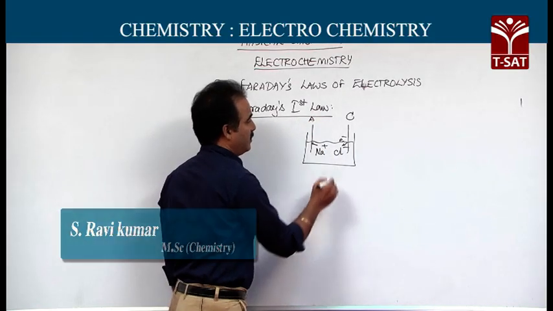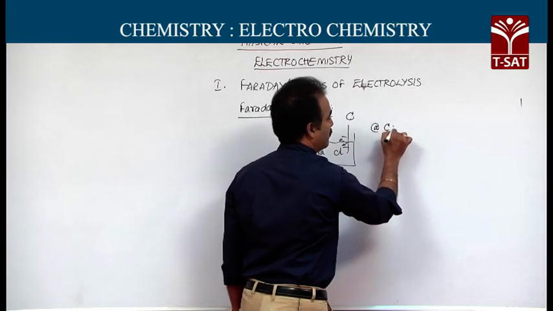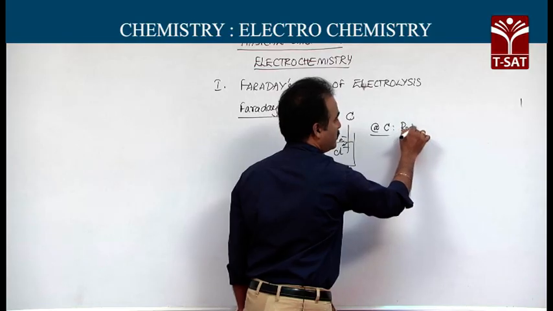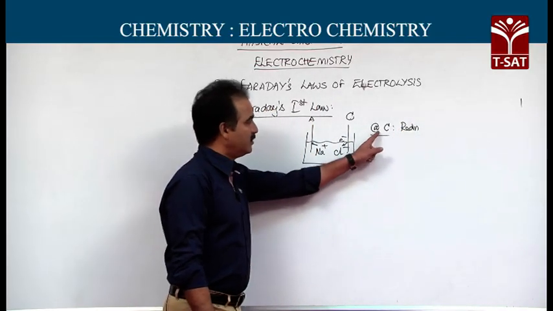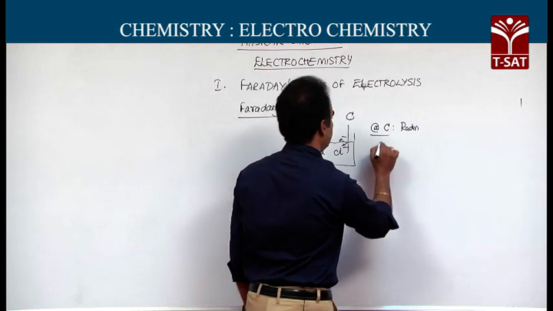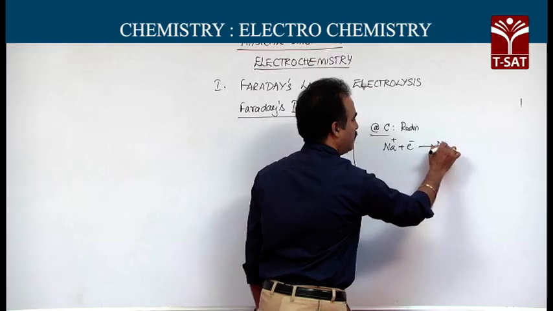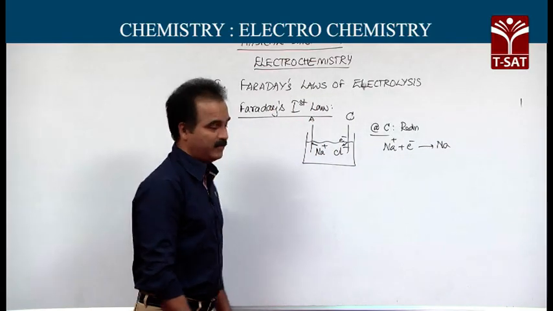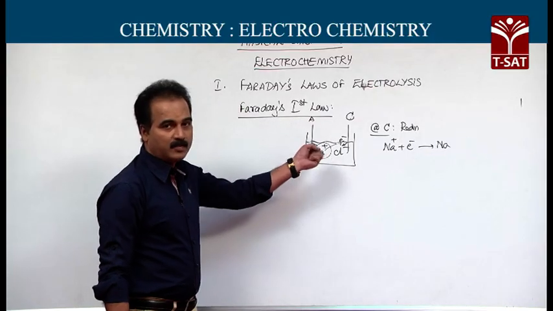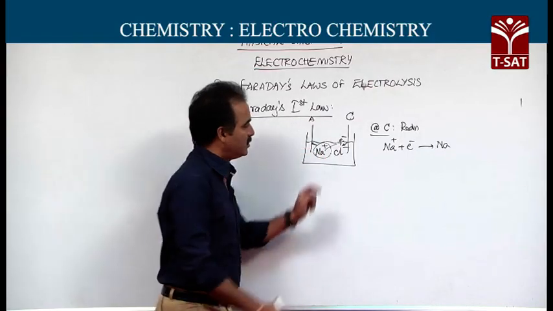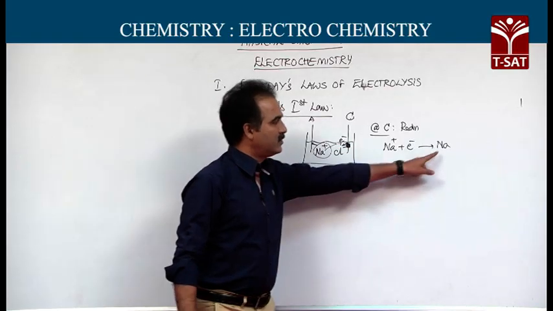At the cathode, reduction takes place. Reduction of the cations occurs at the cathode, that is Na+ takes up an electron and will deposit as sodium. So, these sodium ions go there and capture the electrons and deposit as sodium metal.